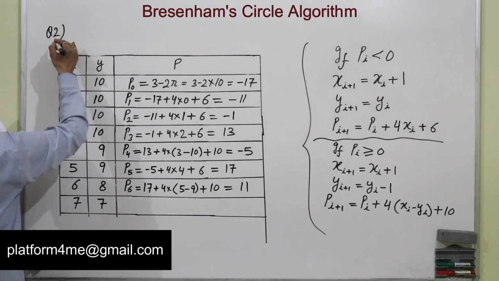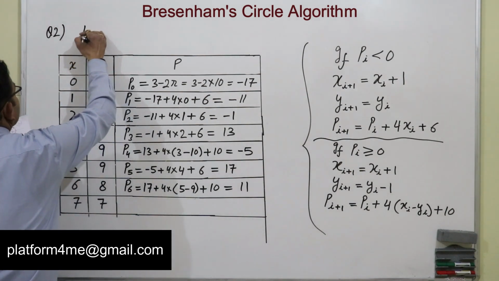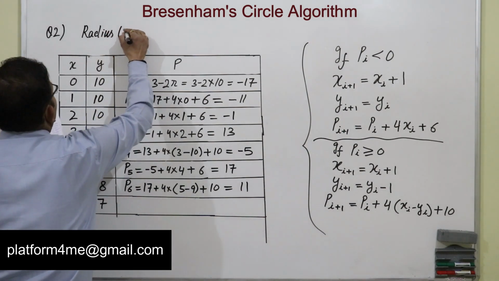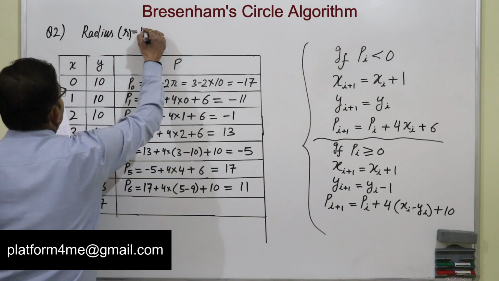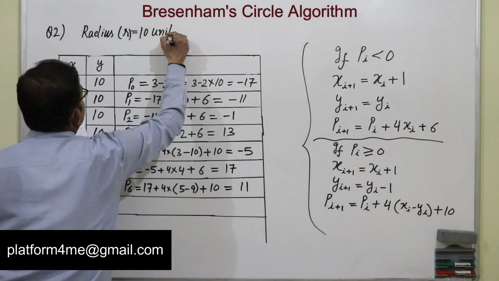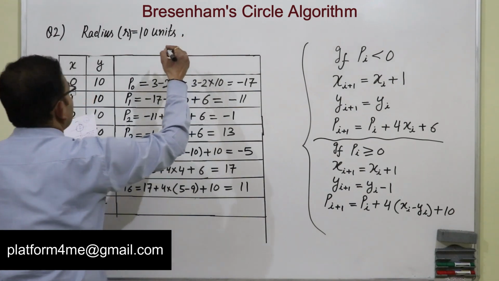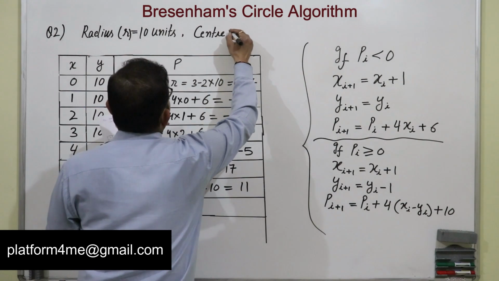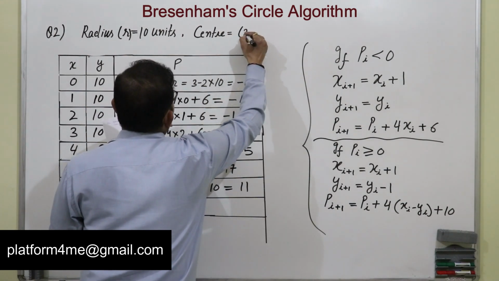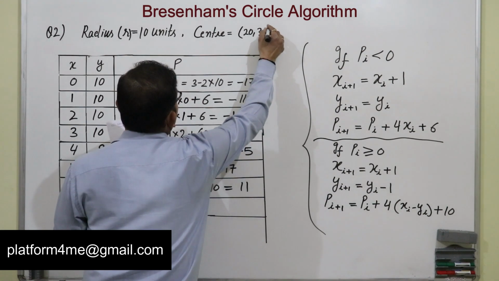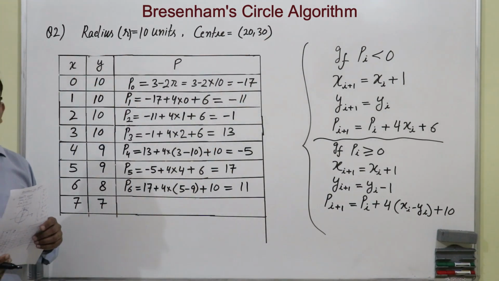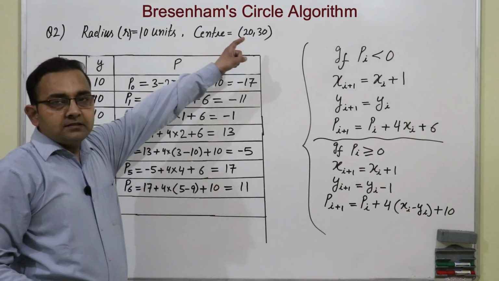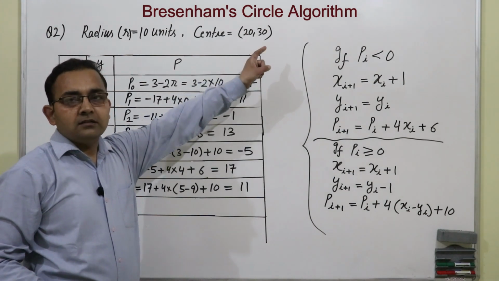Question 2: there is a circle and its radius r equals 10 units, and center is 20, 30. So, the radius is 10, but the center is different, which is 20, 30.